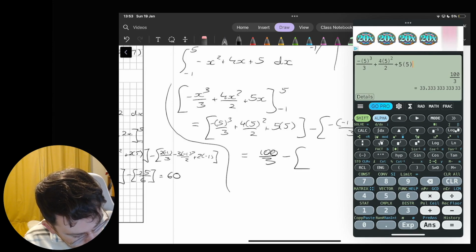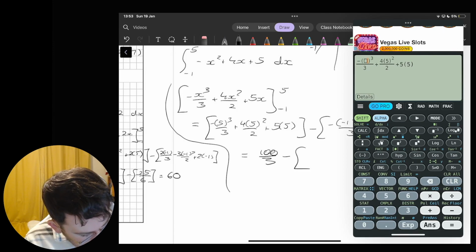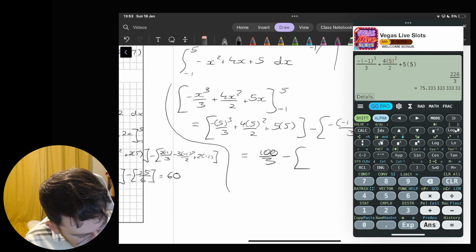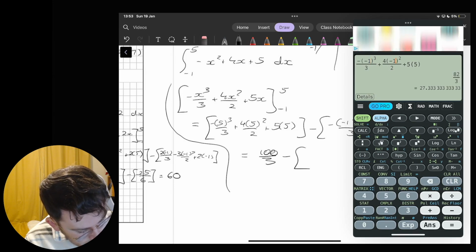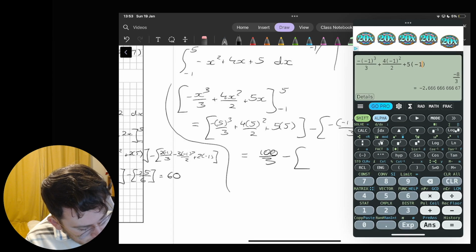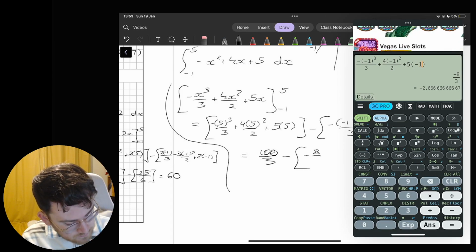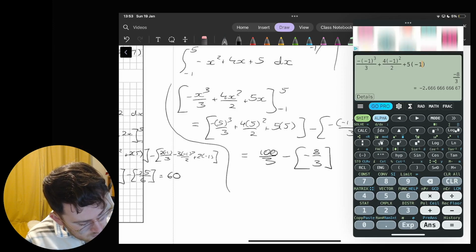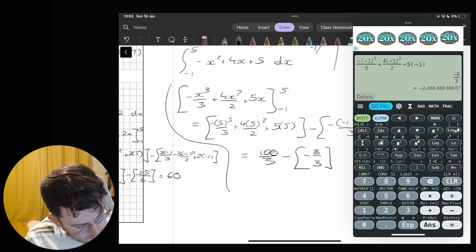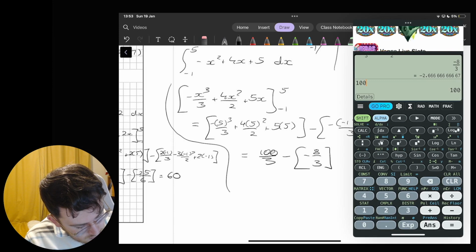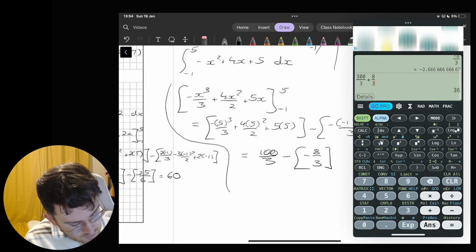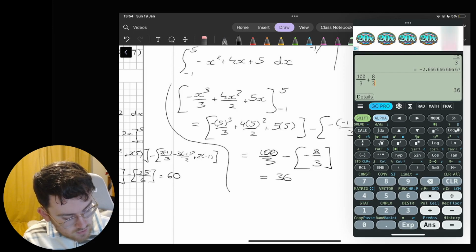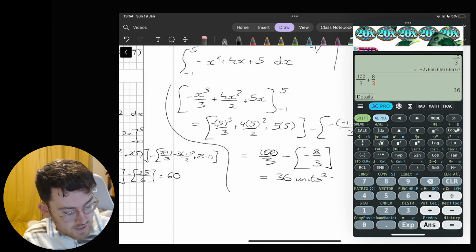Minus, and we're changing all of these now to a minus 1. Minus 8 over 3. Okay, now that's going to give you 108 over 3. So 100 over 3 plus 8 over 3 is 108 over 3, which is 36 units squared. So same answer as we got before.